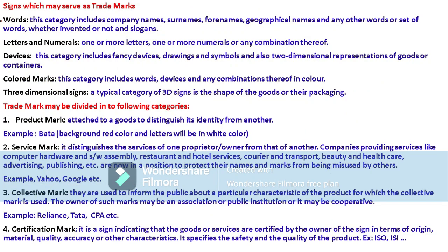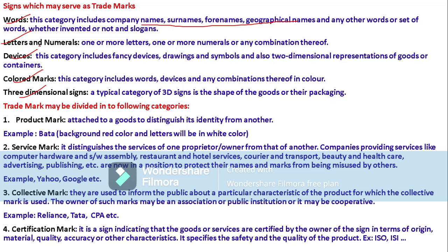So here words, letters and numerals, devices, colored marks, three-dimensional signs, all these are considered signs. Words include company names, surnames, forenames, geographical names, any other word or set of words, or even slogans. Words are considered a sign for trademarks.